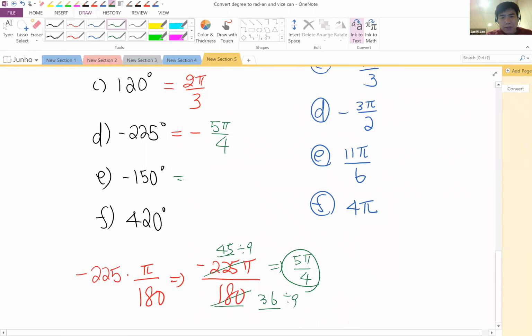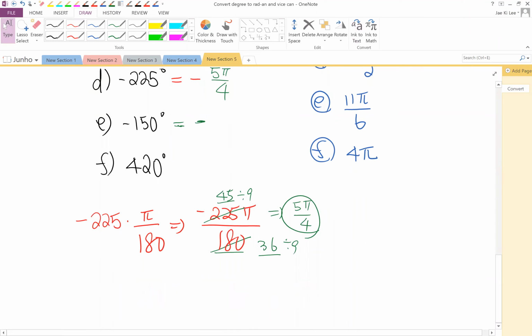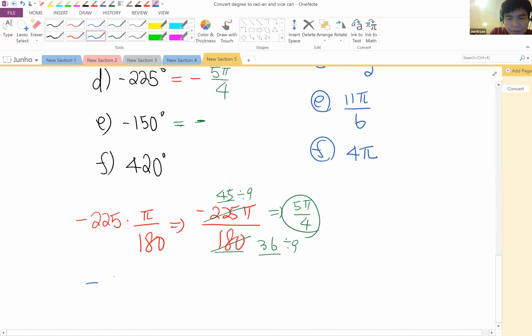What about negative 150? Still negative, because the angle direction is different, but the calculation is always the same. So negative 150 times pi over 180, which means negative 150 pi over 180.